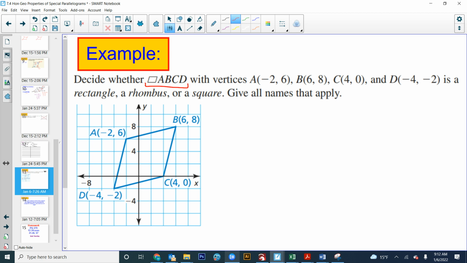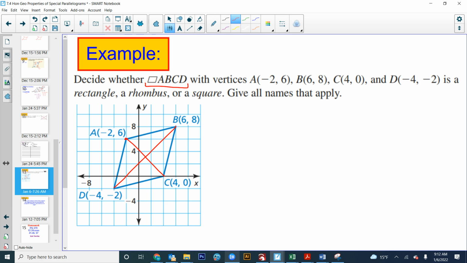Okay. How are we going to decide if it's a rectangle? If there are 4 90 degree angles, or if we could show somehow that the diagonals are congruent. This one doesn't look like it, but we still have to show it. How would you find out if AC and BD are the same length on a graph?